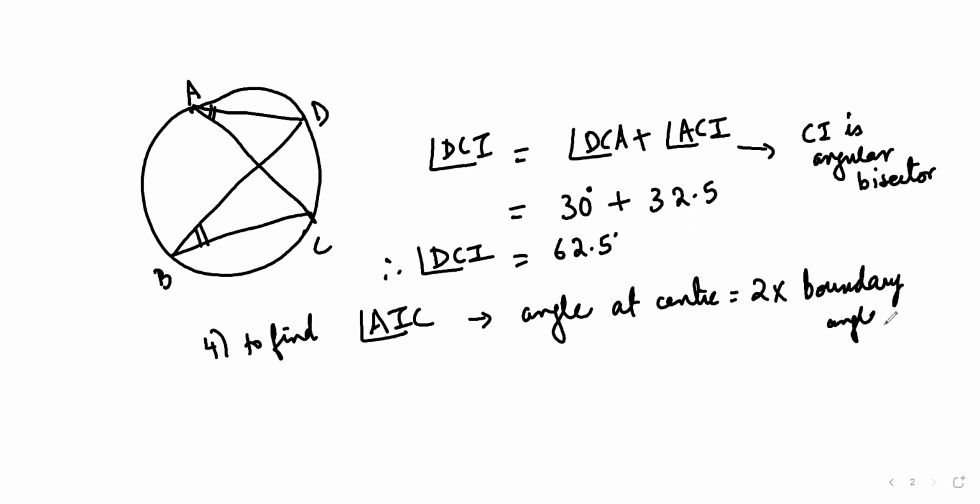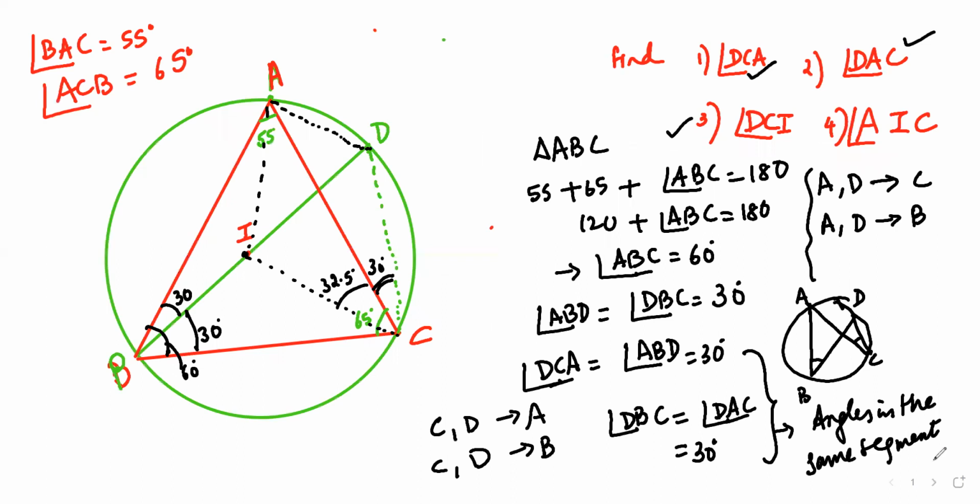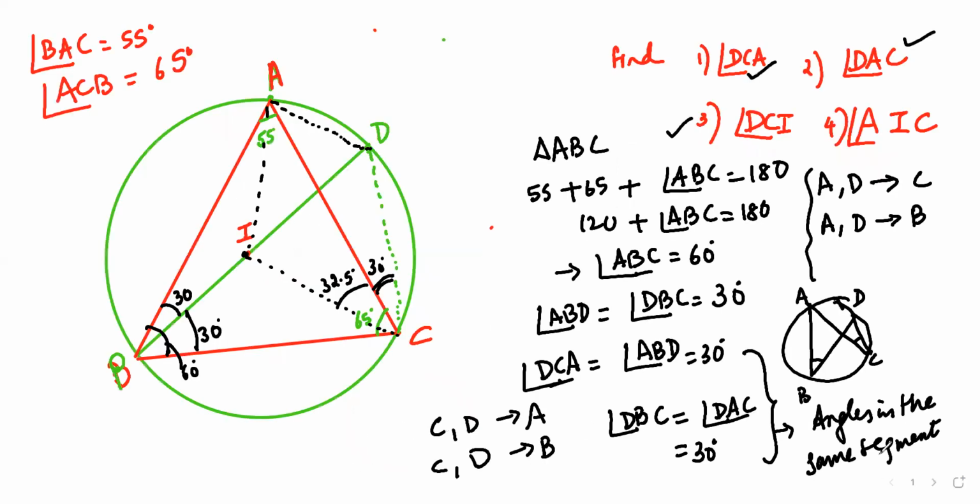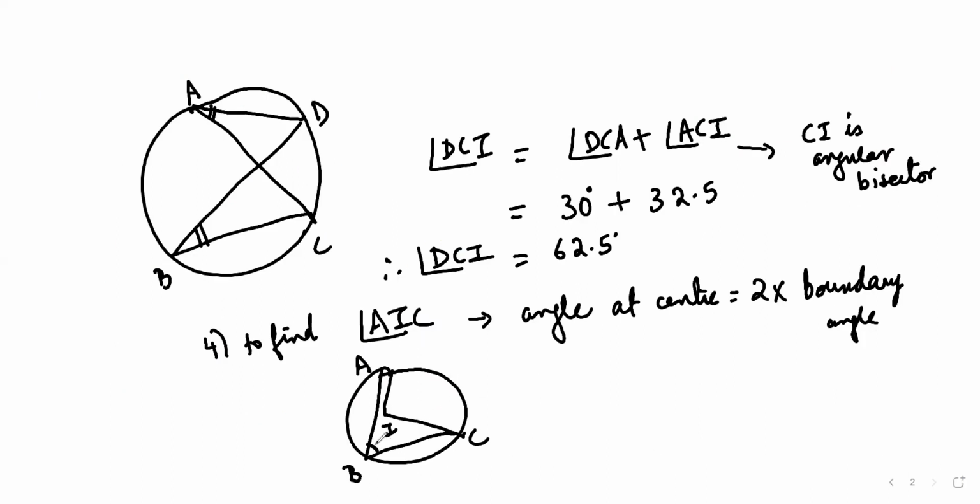So if you look back, I'm just drawing a rough sketch again. A and C are joined to I, and the same A and C are joined to B. So at B you get the boundary angle, at I you get the... Okay, not this.